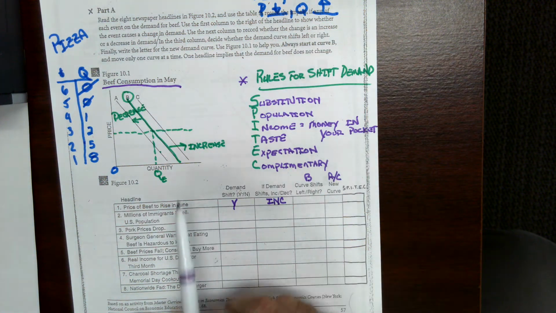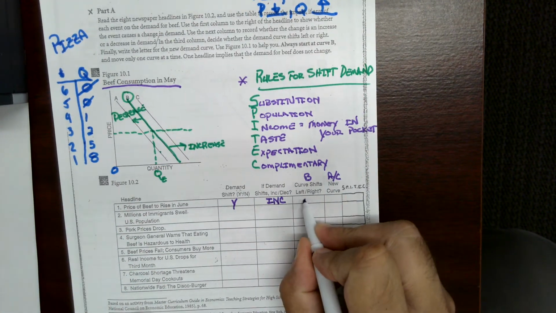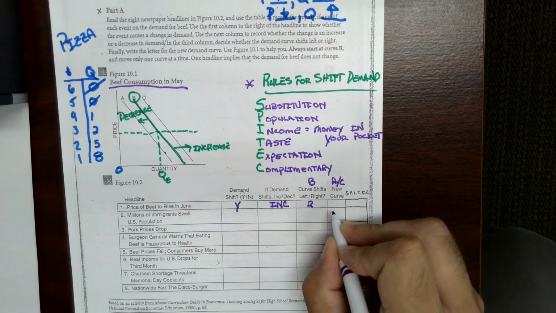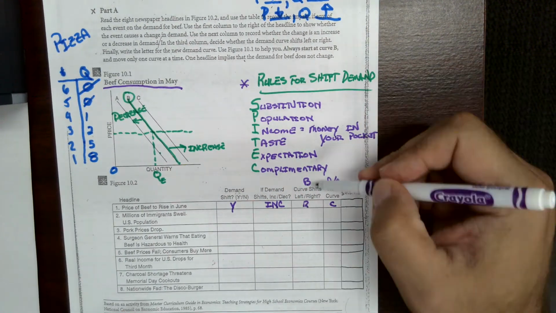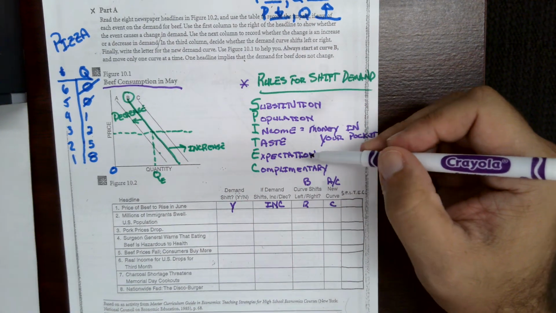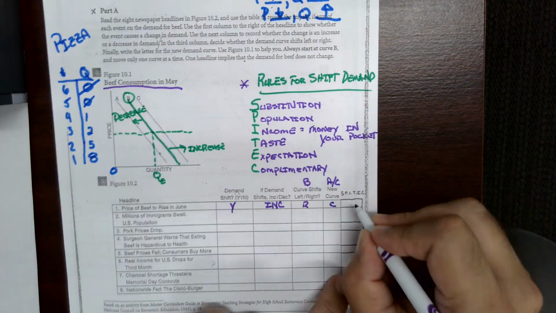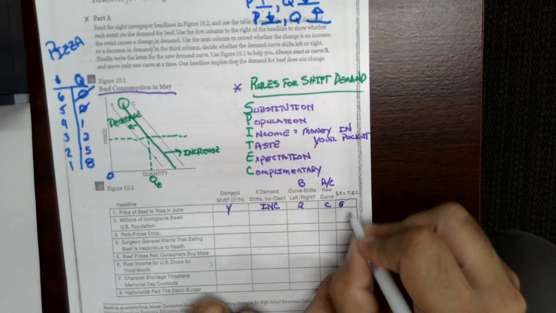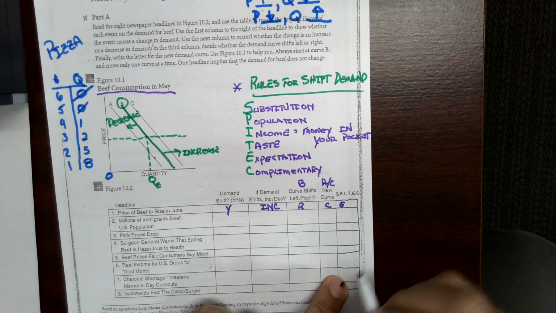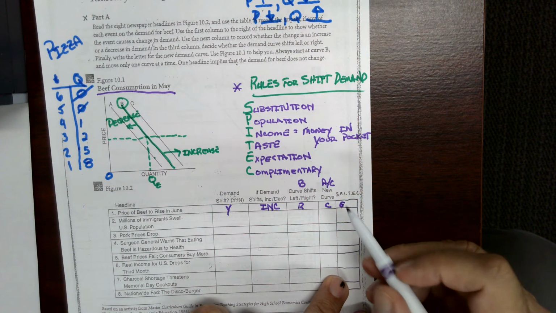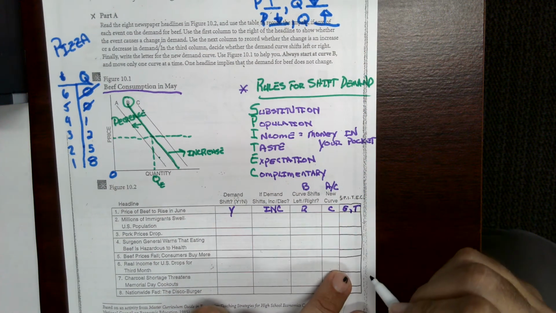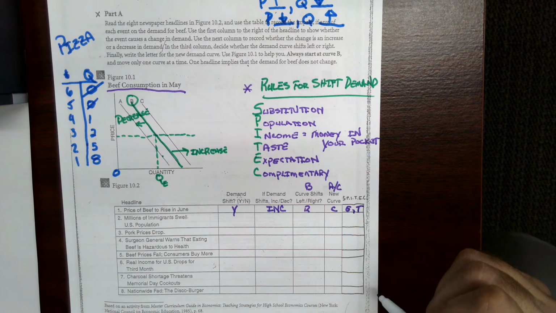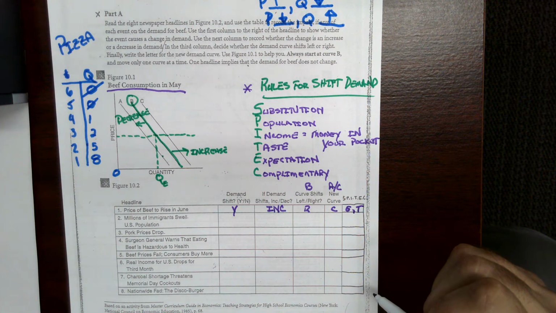If it's an increase, I know it's going to go to the right, and my new curve is going to be letter C. As for my rule, it actually could be a couple of things. It could be expectation, because I just expect it to happen. But some people would think, well, maybe it's your taste because you like to buy it when it's cheaper. Either one of those would be a great reasoning for that.